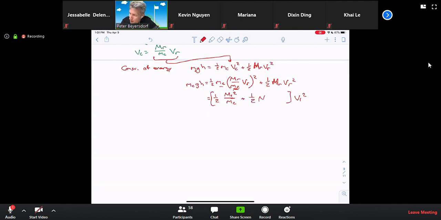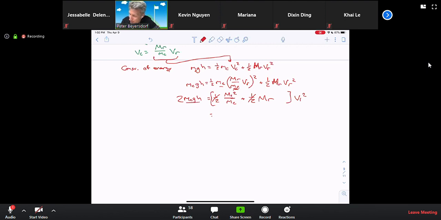The rightmost term has a 1/2 MR in it. And so let me multiply both sides by 2. When I do that, then that 1/2 goes away. And now, let's see, what's the easiest way to proceed?